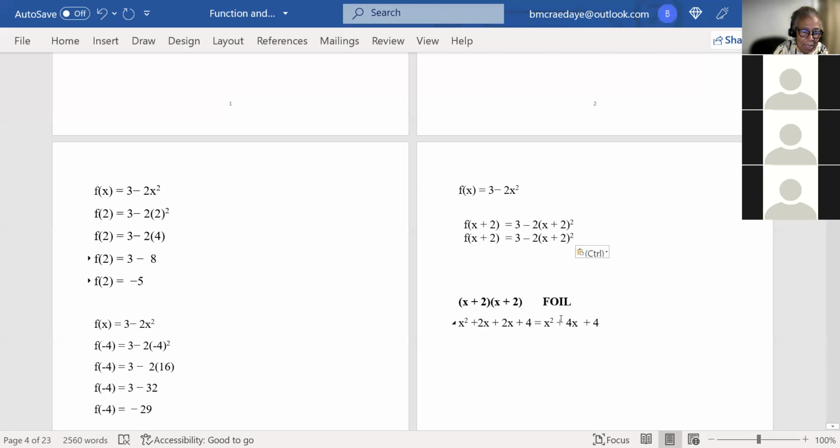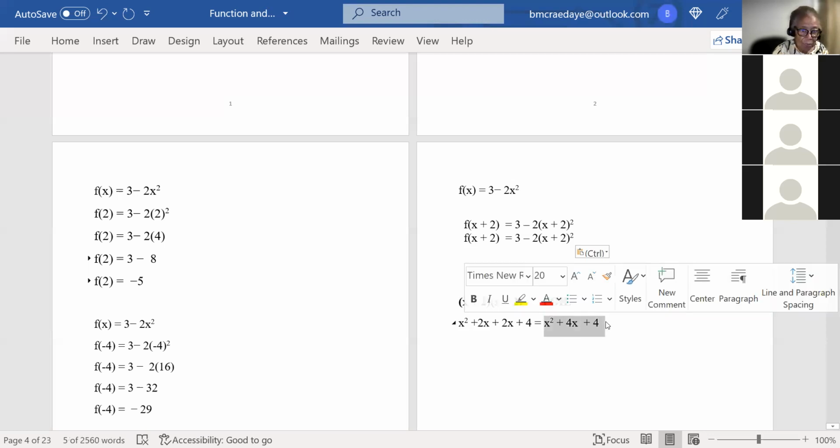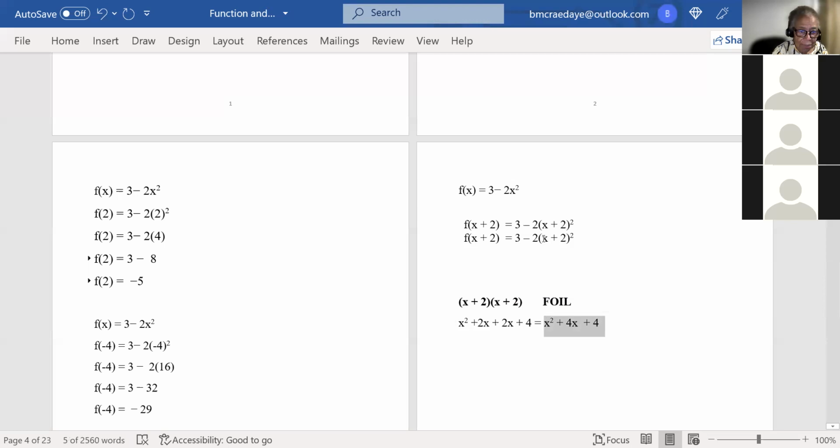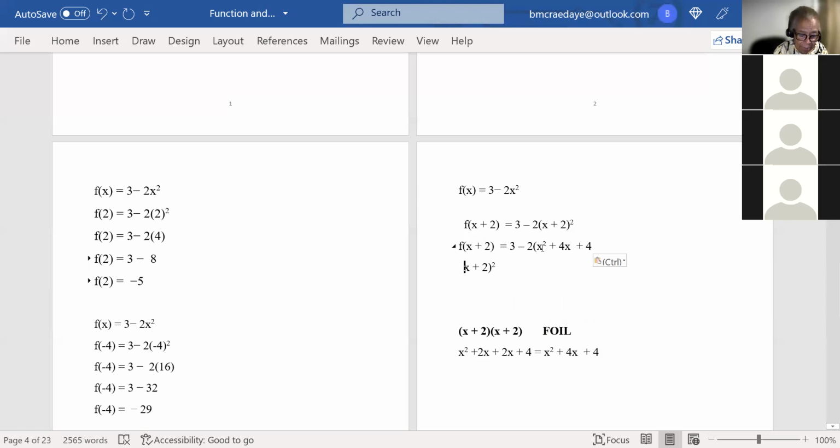So let's just put that here. Okay, and that's in parentheses. And this comes out because we squared it, right? And that's in parentheses.